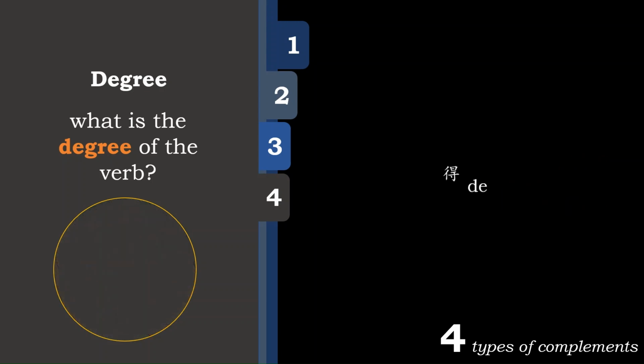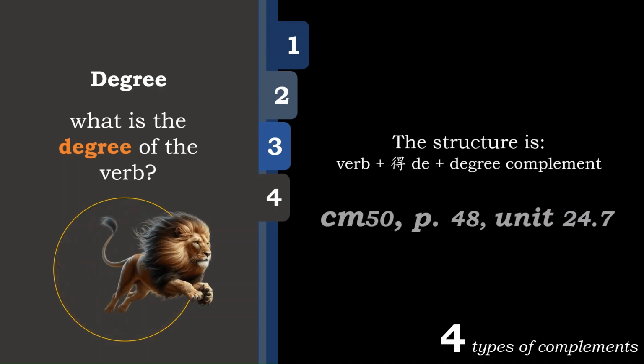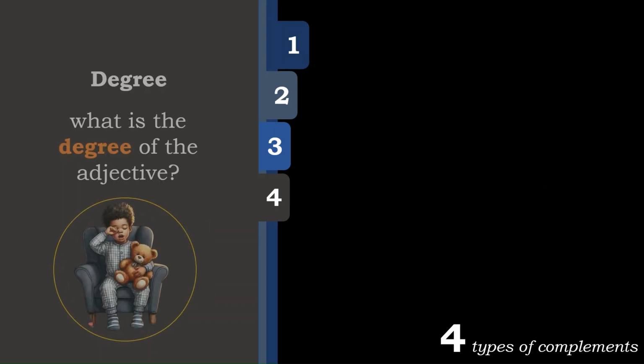So this is how degree complements work with verbs, where the structure is verb, 的, and degree complement. Now we can do a similar thing with adjectives, where the question is, what is the degree of the adjective? To what degree is the adjective true? Take a look at this sentence. He is tired.